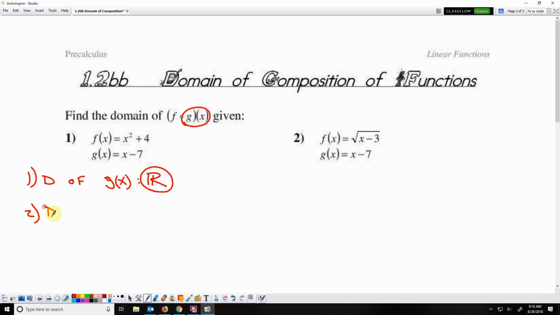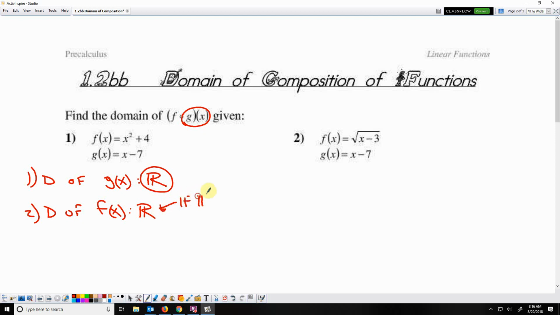Step 2, we're going to take the domain of the outer function, so the domain of f of x. And once again, I do not have a variable in a denominator or a radical, so the domain of f of x is all real numbers. Now this right here tells me whether I need a step 3 or I stop at step 2.